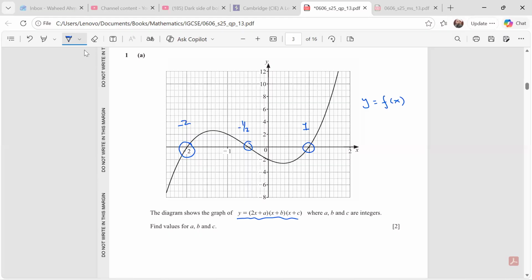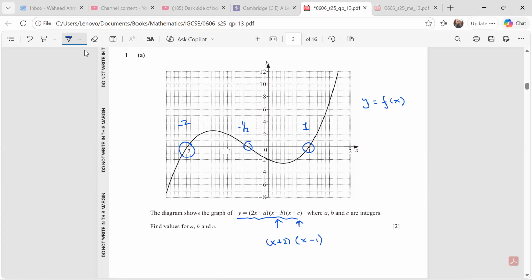So these two integers correspond to b and c. Because x plus b is basically x plus 2, and this one is x minus 1.